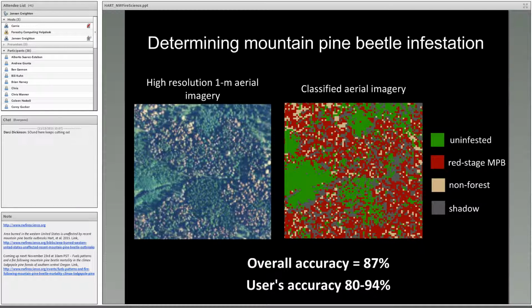This classification resulted in an overall accuracy of about 87%, which is pretty good, with a user's accuracy between 80 and 94% for each of these 4 classes. So this is our index of where mountain pine beetle infestation has occurred on the landscape. This imagery was collected in 2011, so we have an idea of how much red stage mountain pine beetle infestation occurred prior to the fire.